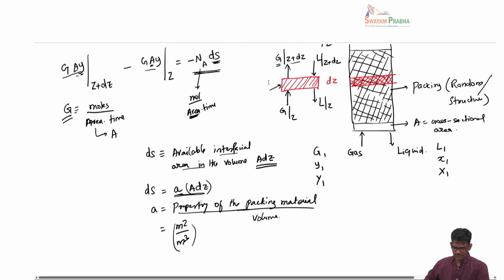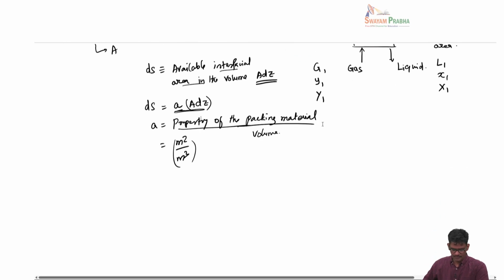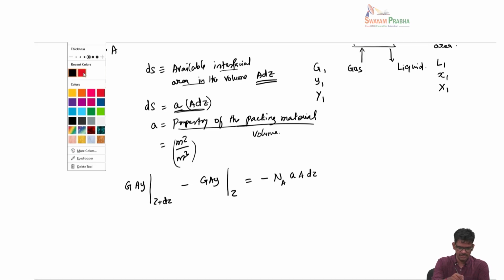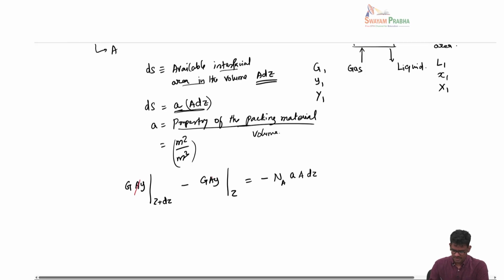Okay, so we will now substitute this expression. So we have G A Y at z plus delta z minus G A Y at z, equals minus N A small a capital A times dz. Now I can cancel all the areas that are common here.